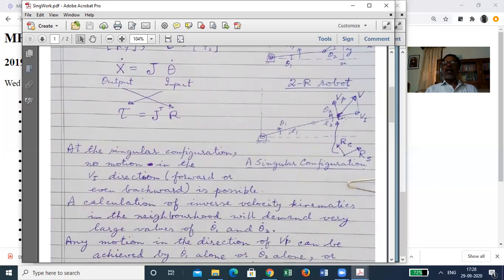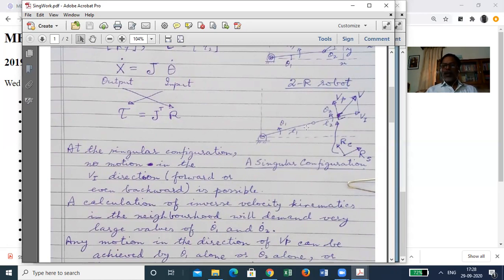Okay, but it also has a component along this direction which is not possible. Okay, so this is what happens at the singular configuration. No motion in some direction, forward or even backward, is possible. So regarding forward, you will immediately perhaps say that, well, the entire arm is completely stretched, so beyond that how can it go? Okay, but try a motion in this direction, inward.